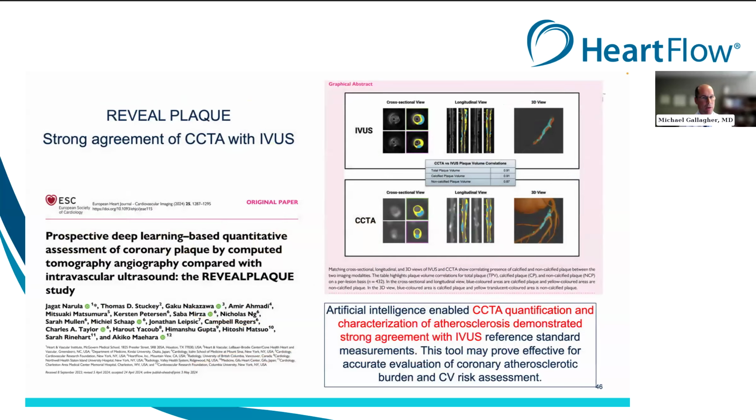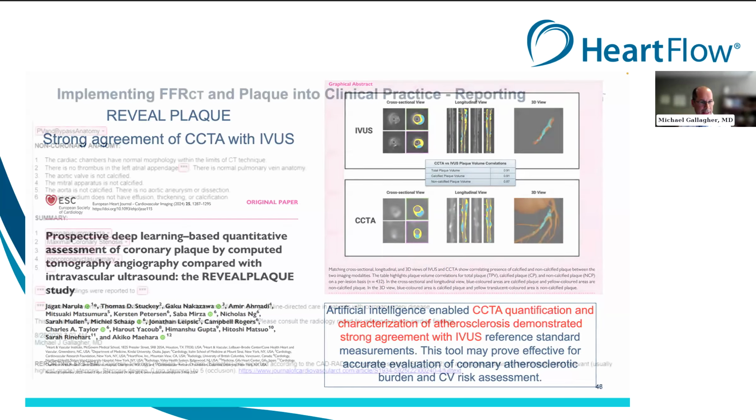And it really does bring home some of the data that Dr. Blankstein shared with you about the REVEAL plaque study, because in this study, as you saw, as well as with Miami, there was an excellent correlation with the CT quantification of the characterization and the extent of atherosclerosis demonstrated by cardiac CT as compared to the reference standard of IVUS. And so our case was a very nice depiction of this.